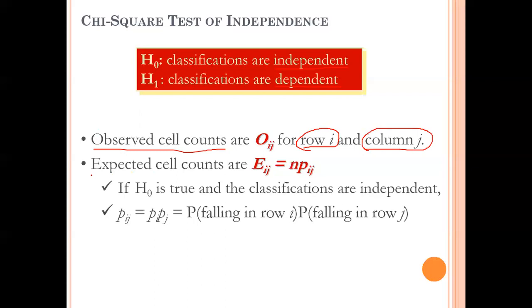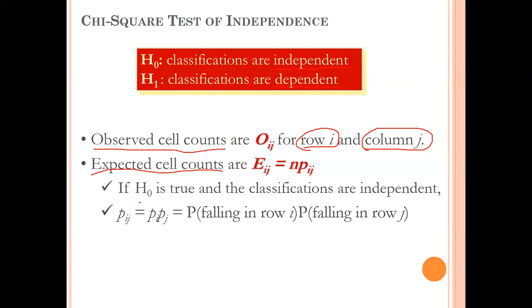And we are also going to estimate the expected cell count, that is E. E_ij, where i is row and j is column, is equal to n p_ij. The observed cell count, or observed frequency, O, is usually the real data, or the sample data. The expected cell count, or expected frequency, E, is the expected data, what we expect to get.